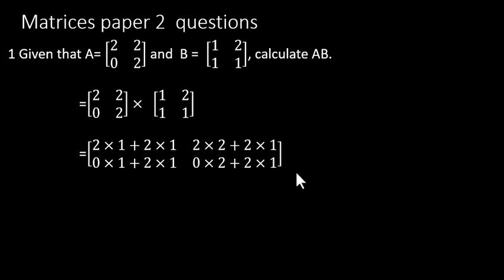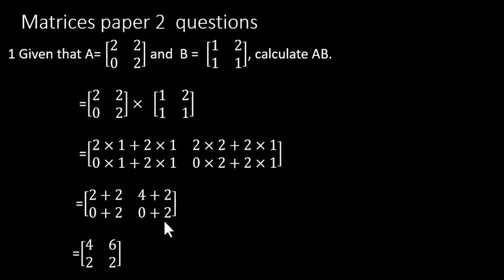When we work this out, we have 2 plus 2, then 4 plus 2, then 0 plus 2, then 0 plus 2.